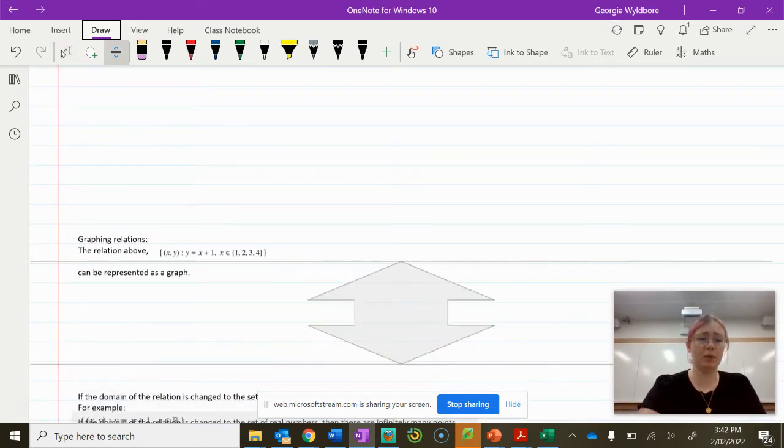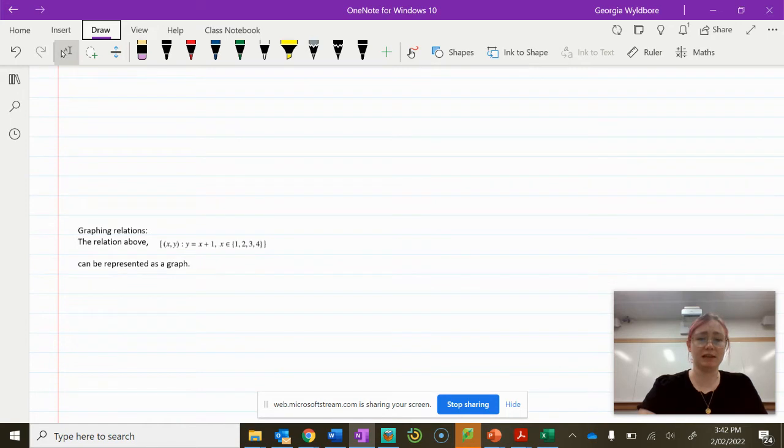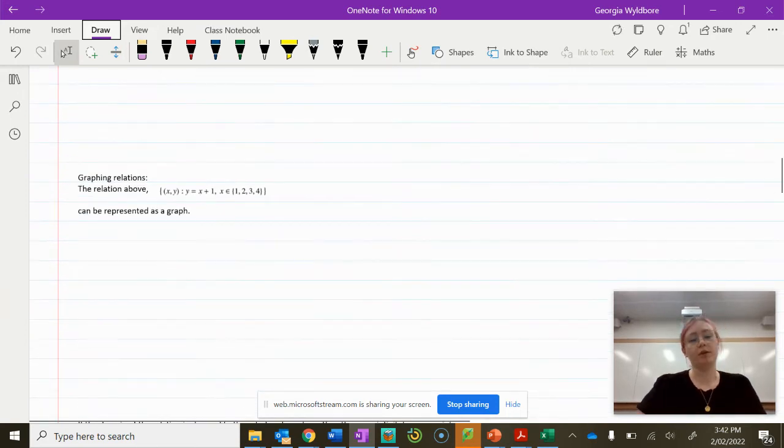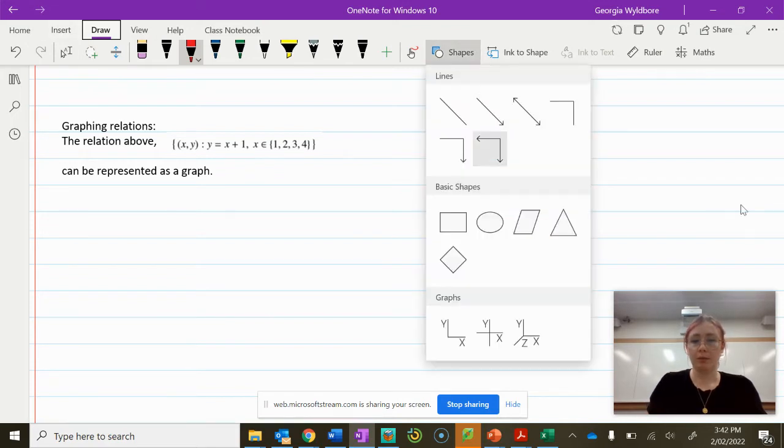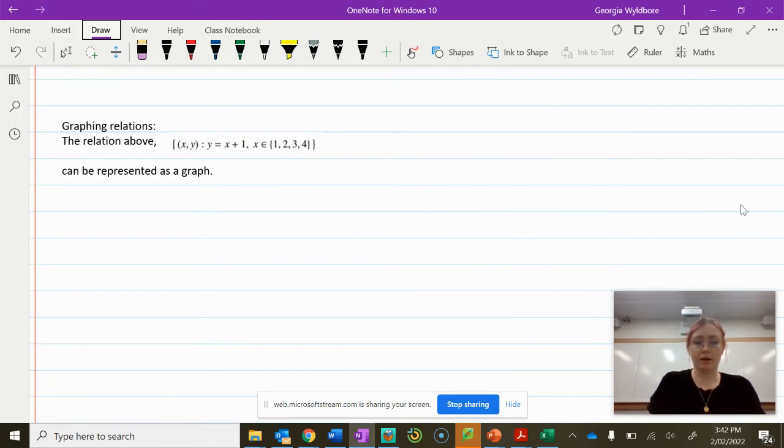Obviously, we don't always want to just list these sets. We can represent those relations as a graph. So this one that we've just had, y equals x plus 1, we can represent that as a graph.